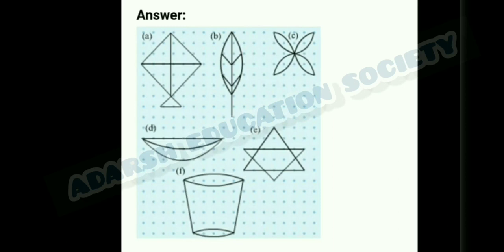So symmetry you have to understand, and that is when these patterns were being made on the dots. Right? Symmetry means the picture divides into two similar equal parts.